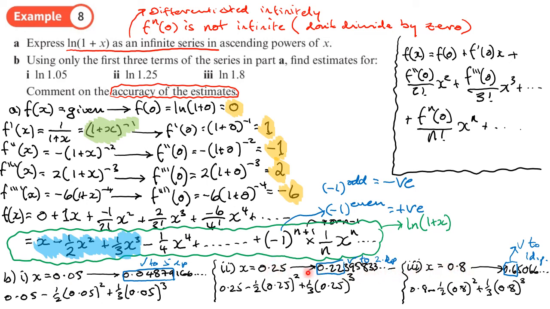So the smaller the value of x, the better our estimate with a small number of terms. I'm guessing if I use more terms, I would get more accuracy. But that's not bad. If you didn't have a calculator, you could use the expansion and work out log to some fairly good levels of accuracy.